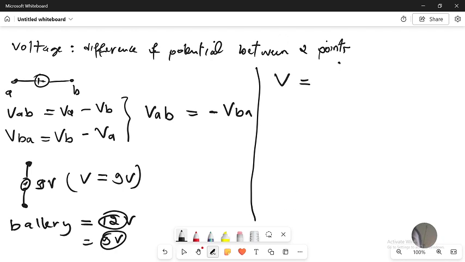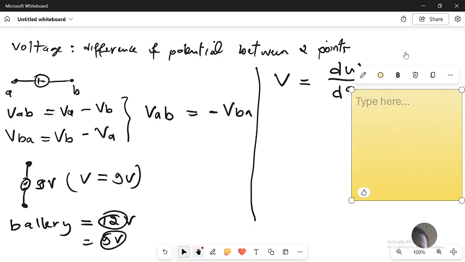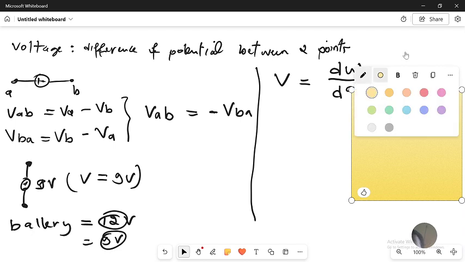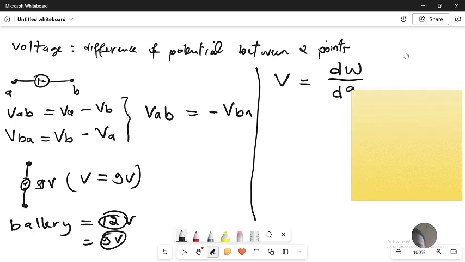Volt V is equal to the derivative of the energy with respect to Q. Every element can have a voltage across that element.